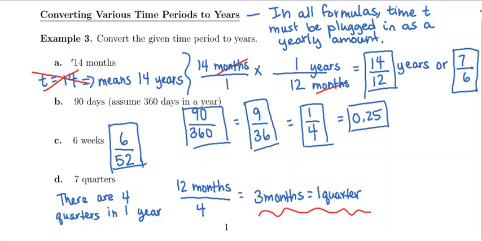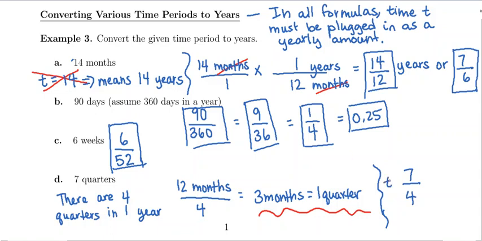All right, so now I will go over to the side and try to do the conversion, how we would write 7 quarters as a yearly value. It's going to work the same way, even though we're not really familiar with quarters. We were given 7 quarters. You're going to divide by the number of quarters in 1 year, 7/4. That's all you have to do for the time value.